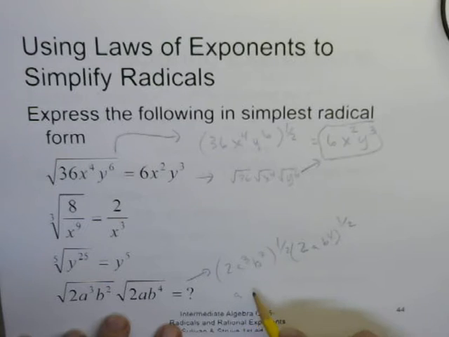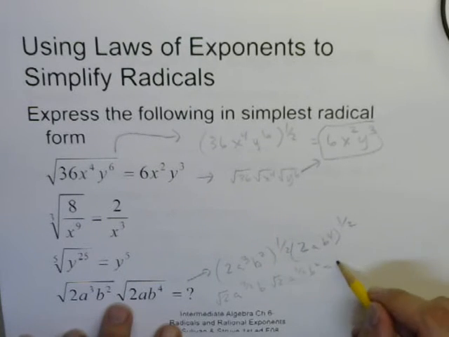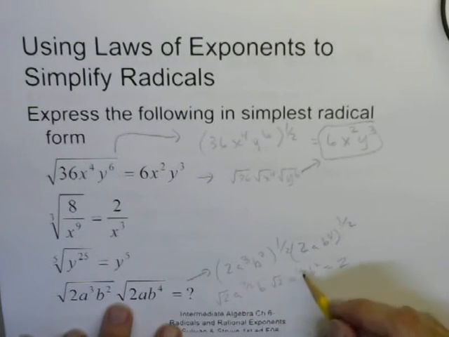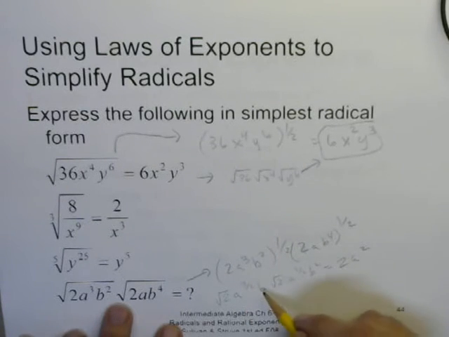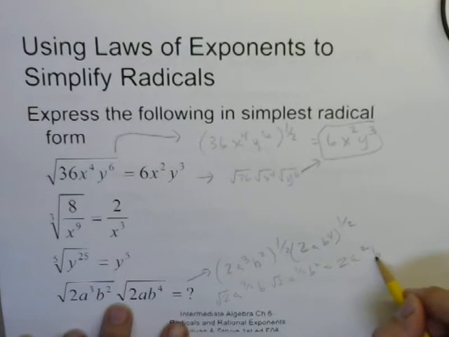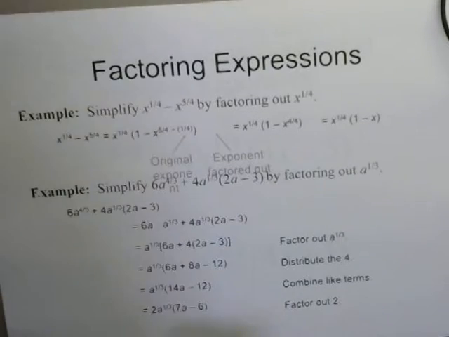So you'd get a square root of 2 times a to the 3/2 times b times another square root of 2 times a to the 1/2 b squared. So square root of 2 times the square root of 2 is just 2. Here, if you add the exponents, you'll get a to the 4/2, which will give you a squared. And then b times b squared is just b cubed. Okay, so that's what you get for that one.